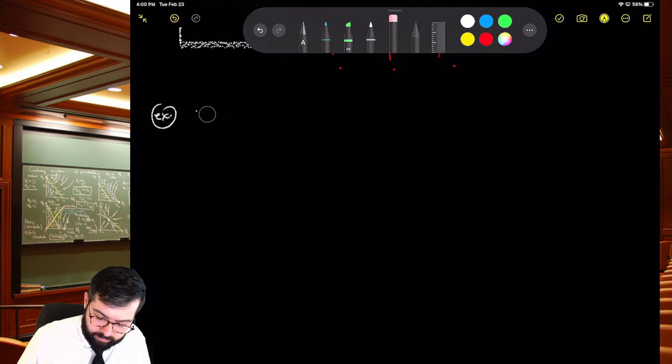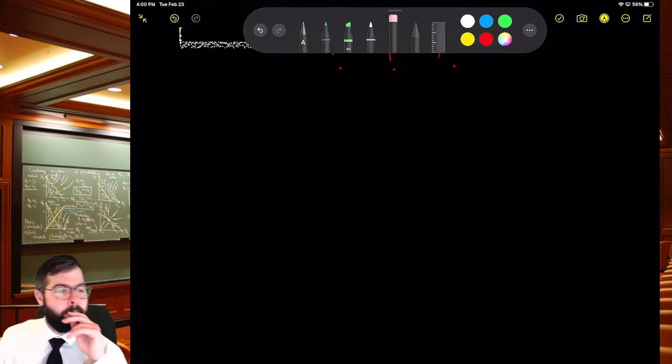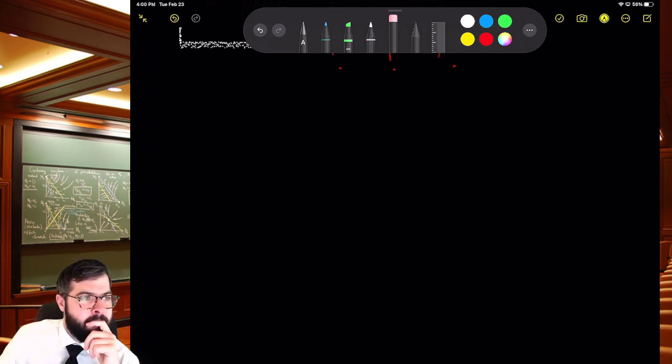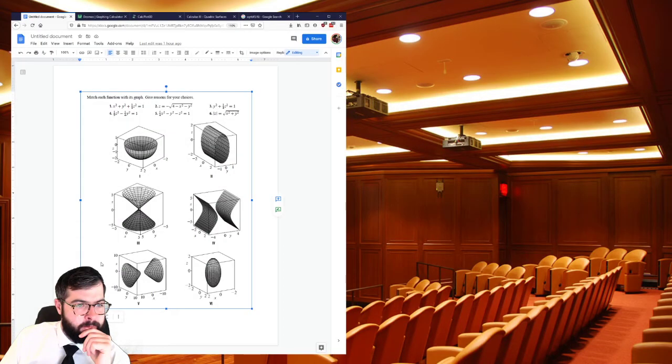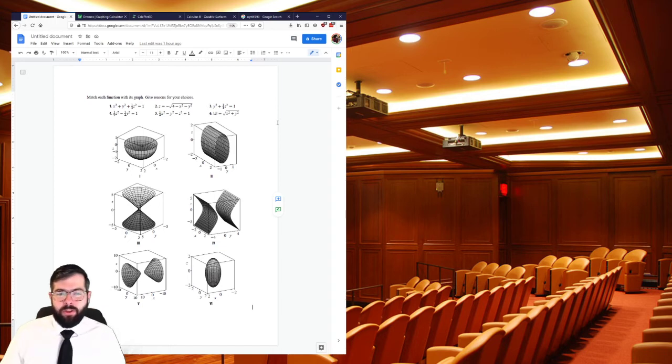Actually, I'm going to switch it up a little bit. I'd like you to take a look at this. You guys see that okay? It's not too small. Okay. Knowing what you know, try to match up the graphs you see with the equations.